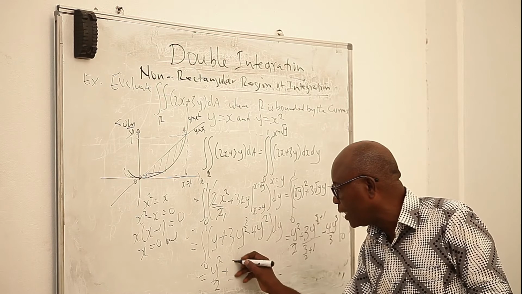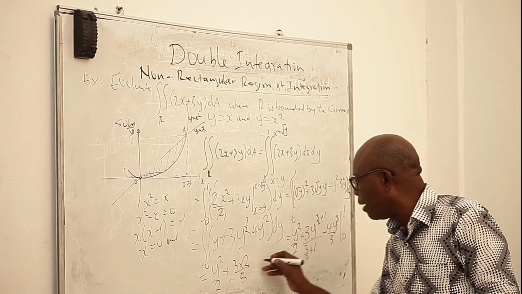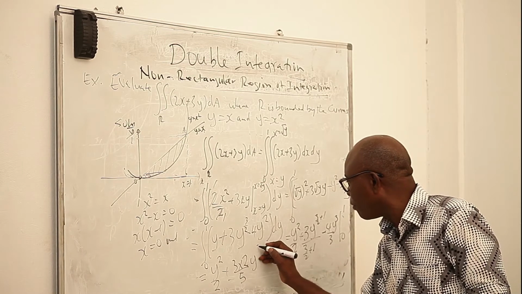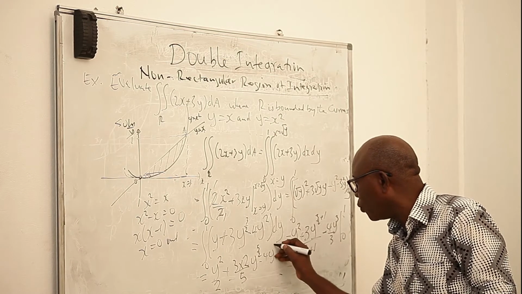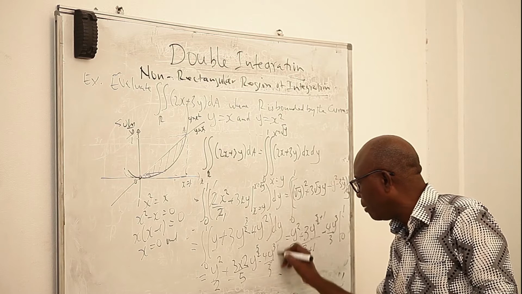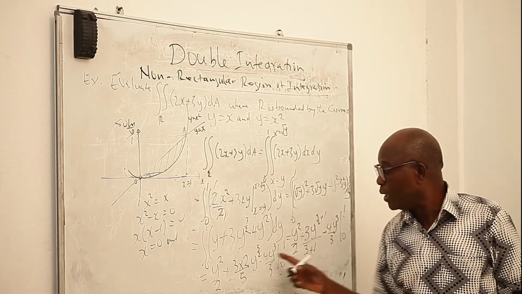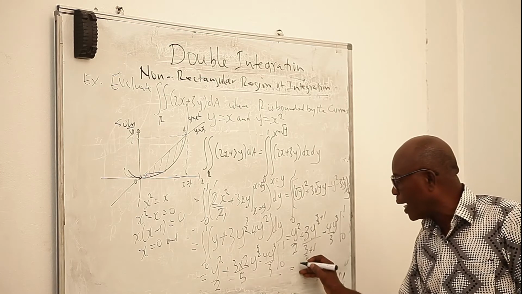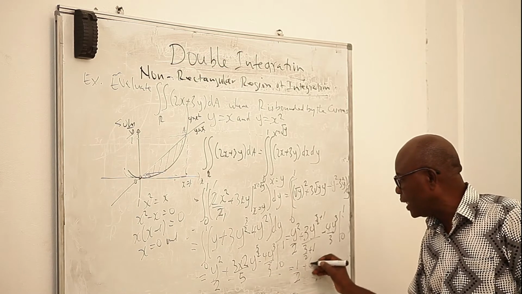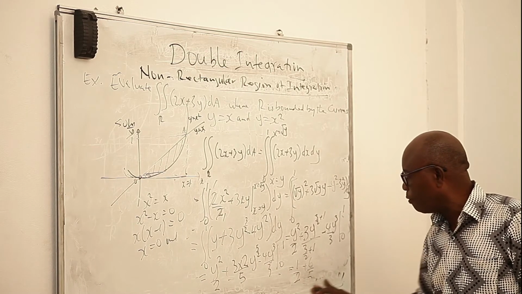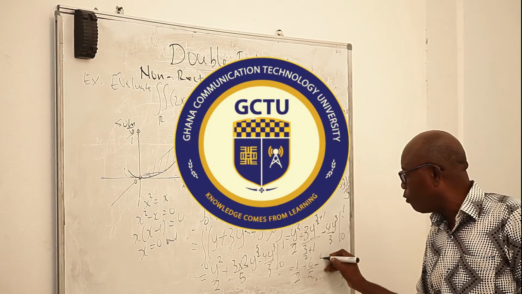So we're going to have 3 times 2 divided by 5, and then y raised to the power 5 over 2, and then minus 4y cubed over 3, and the limit is 0 to 1. And so if you put the upper limit, which is 1, 1 squared is 1, so we're going to have half plus 3 times 2 is 6, 6 over 5, minus 1 cubed is 1, minus 4 over 3.